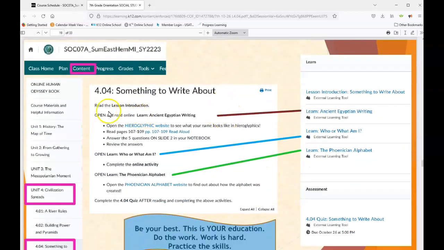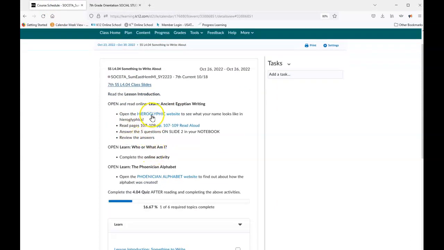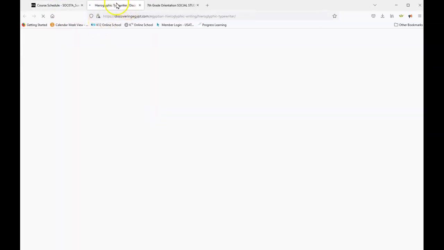So read the lesson introduction and then open this Learn Ancient Egyptian Writing. And there's a hieroglyphic website. See what your name looks like in hieroglyphics. Read pages 107 to 109. There is a read aloud there. Okay, and this is actually right here. If you click on that, that's going to open up a new tab.